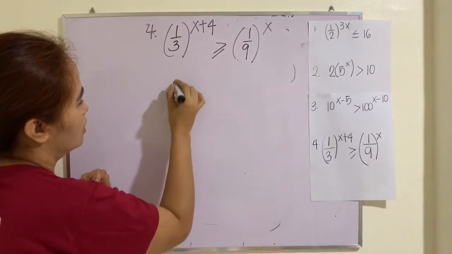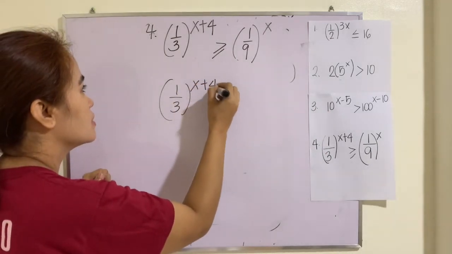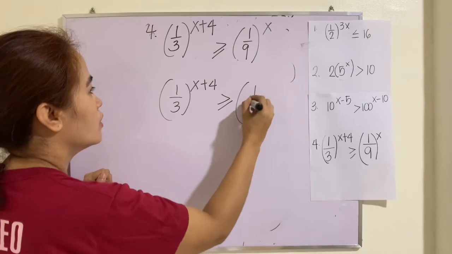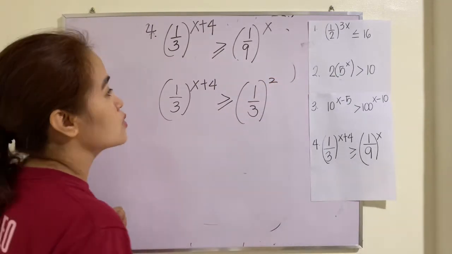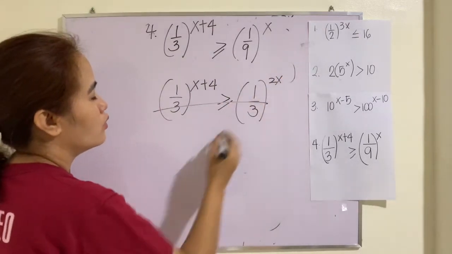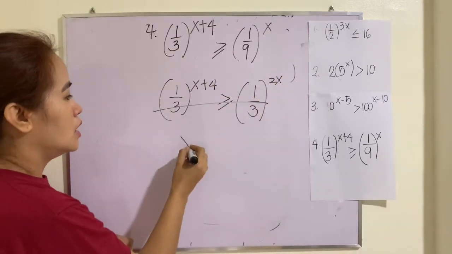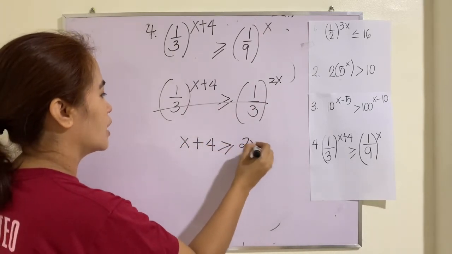So that is 1/3 raised to x plus 4. That will be 1/3 raised to 2 because 1/3 times 1/3 is 1/9. So that is 2x. I can now form the exponential inequality. x plus 4 is greater than or equal to 2x.